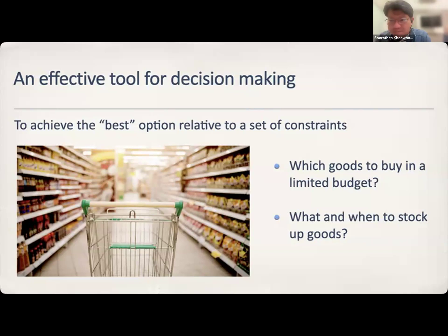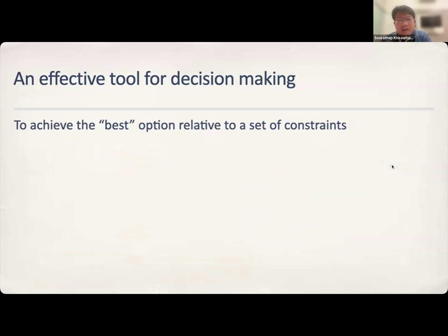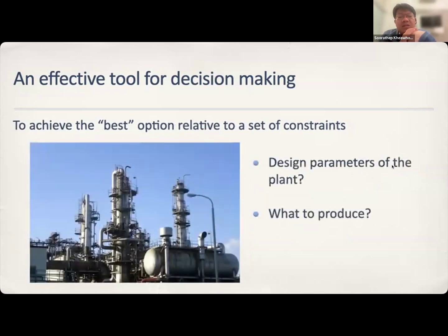You have a vast number of brands for detergent, and each brand of course has a different price. Then you have to optimize which one you want to buy. And this is also an optimization problem. This will be your decision making. Now you see the importance of it, right?